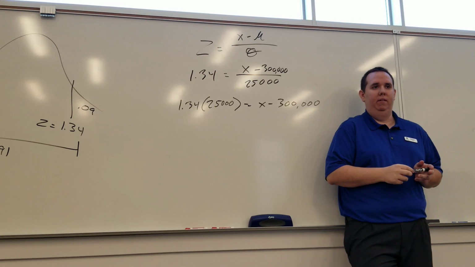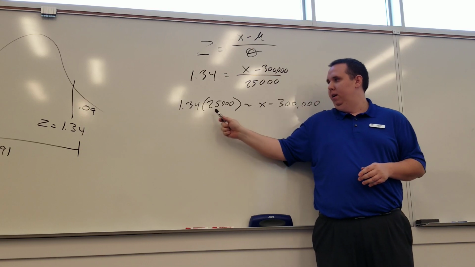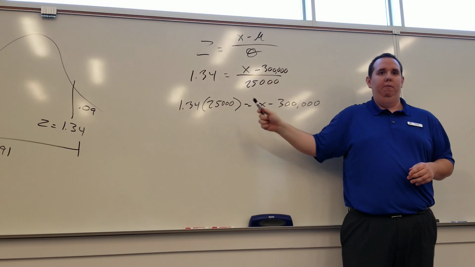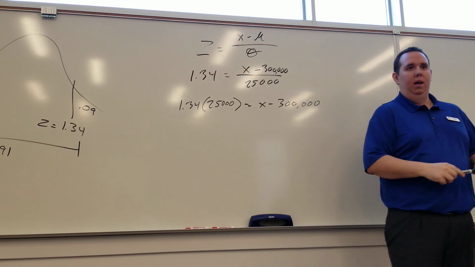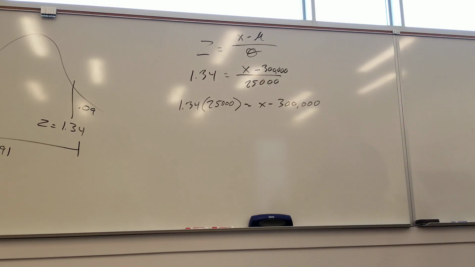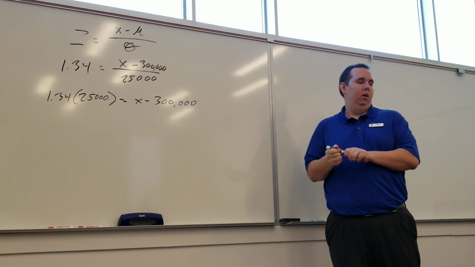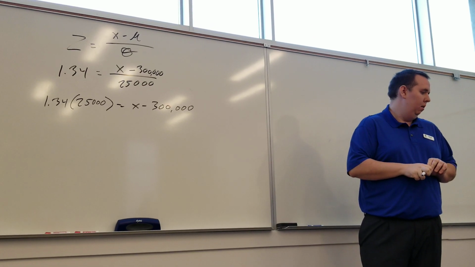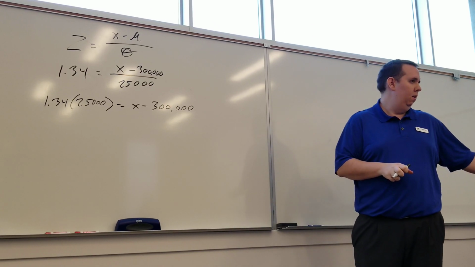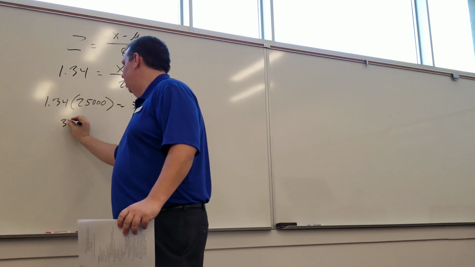All a z-score is, is how many standard deviations we are away, right? So we are 1.34 standard deviations away from the mean. So when we multiply this out, it tells us the exact amount away from the mean that we are. So when we multiply that out, what do we get? $32,500. Okay.